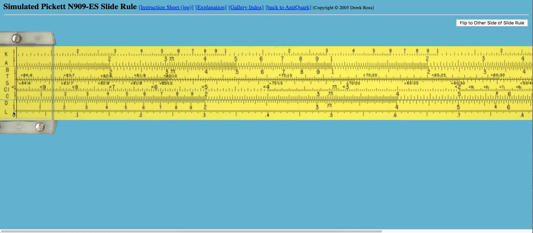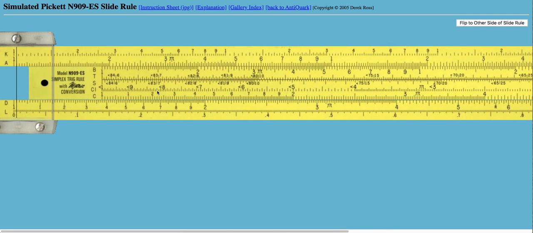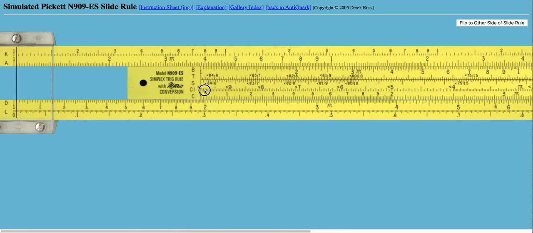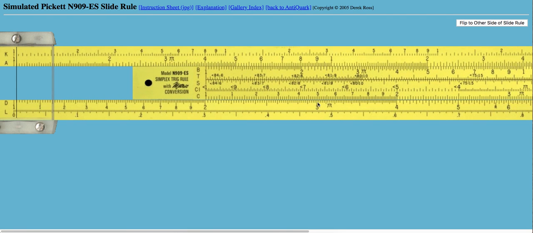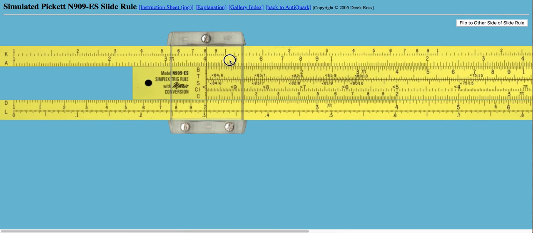So if we wanted to multiply 2 times 3, what we do is we take our slide, this is the slide part of a slide rule, and we line this 1 up with either the 2 down here or the 3 that's over here. So we'll just do this 2 since it's first. This will help guide us to our answer.